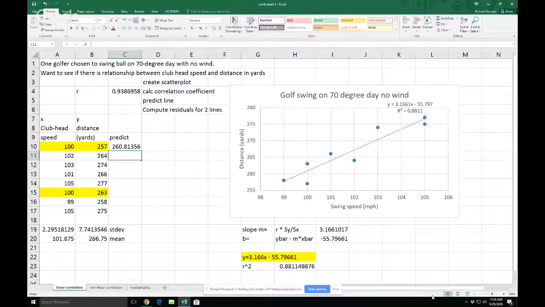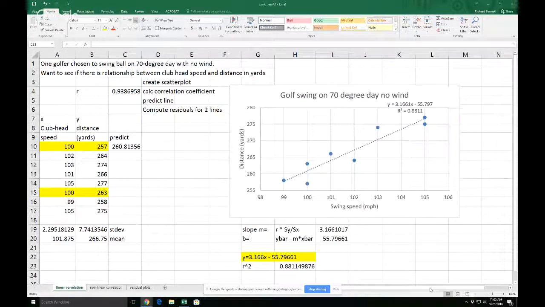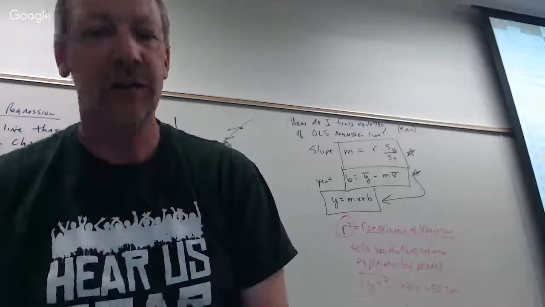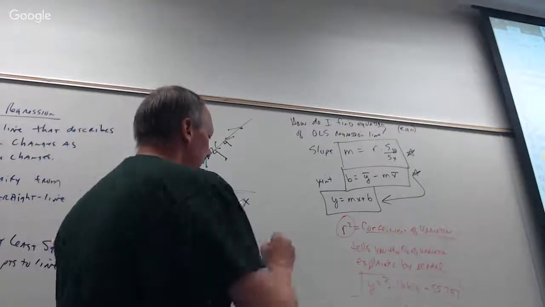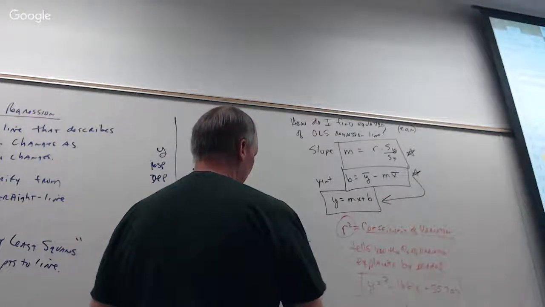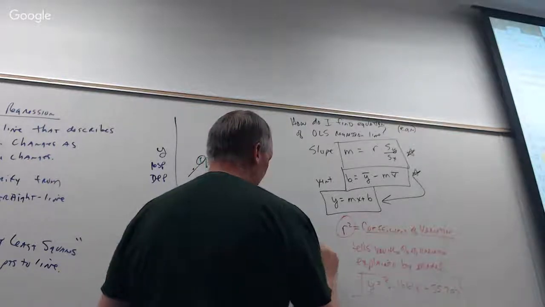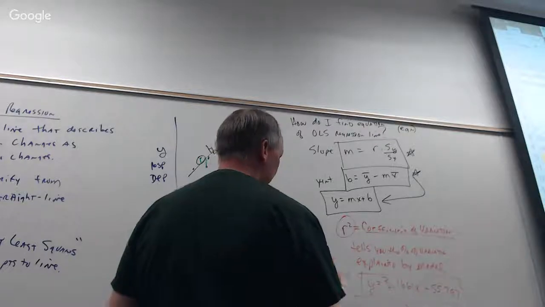Okay? Now, let me just say this. Stop sharing for a second. Okay, now according to this equation here, what if I hit the ball at 0 miles per hour?